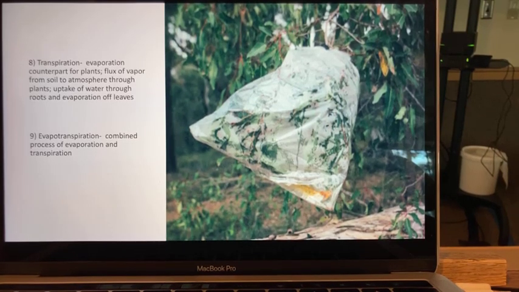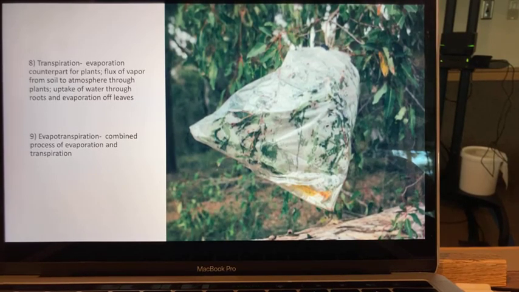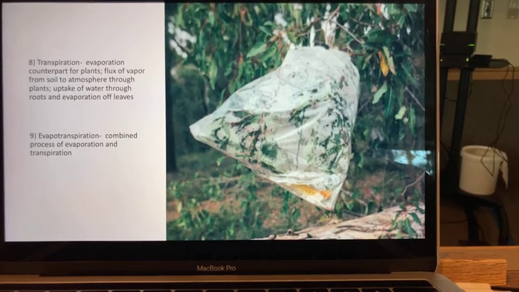So 8 would be the water produced by the leaves in the bag, and you can see how much water comes off of just the leaves at the bottom there in the corner of the bag, and then you can see it looks kind of cloudy, and that would be the evapotranspiration part, where it's trying to go back into the atmosphere, but it's getting caught by the bag.